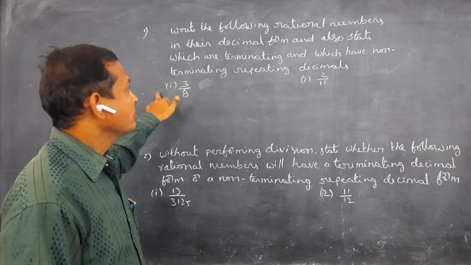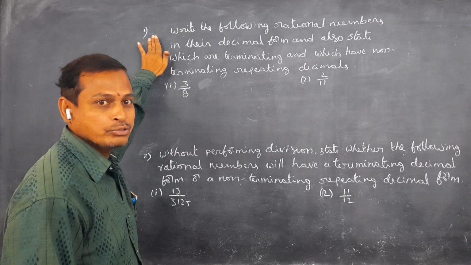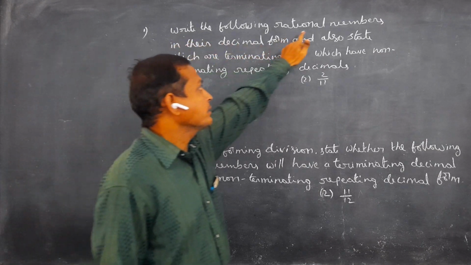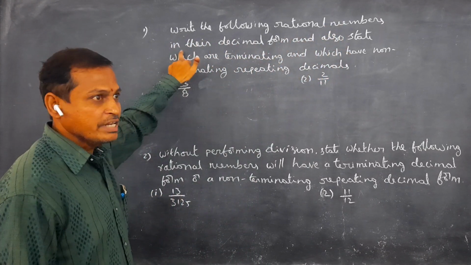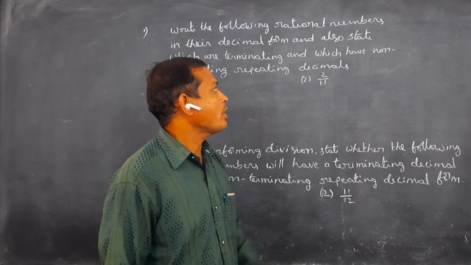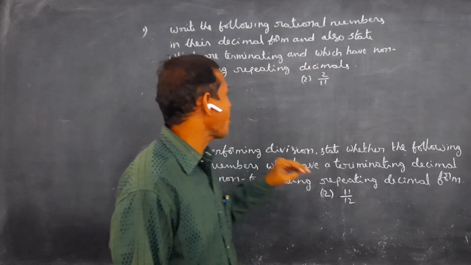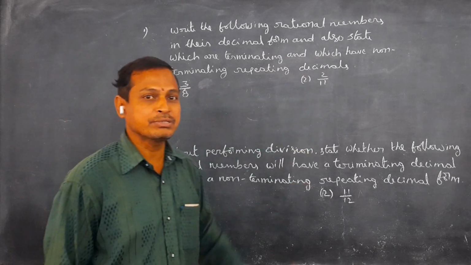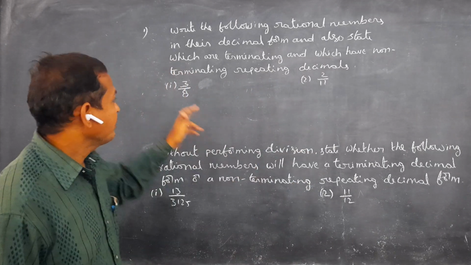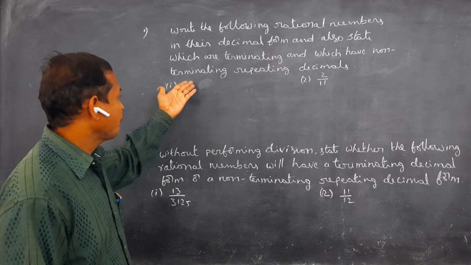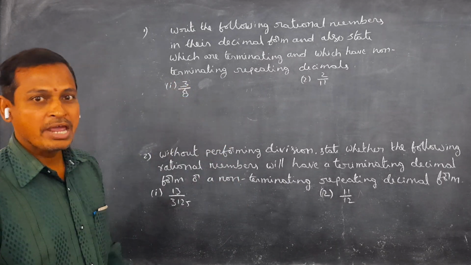So, the first model, the first question. Listen carefully. Write the following rational numbers in their decimal form and also state which are terminating and which have non-terminating repeating decimals. In the given question, 3 by 8. What kind of fraction is 3 by 8?